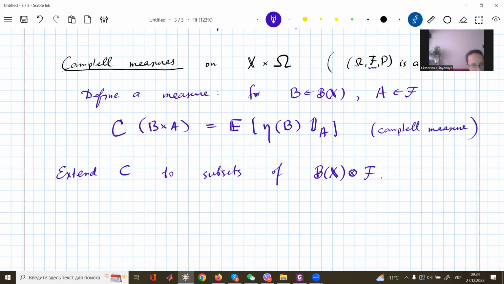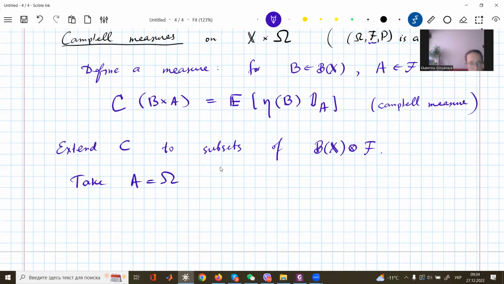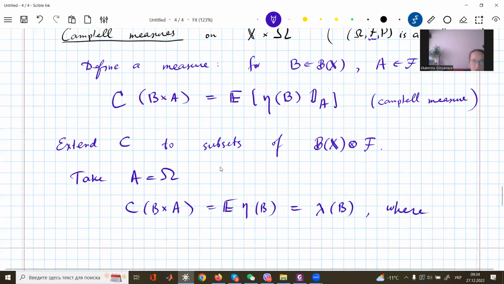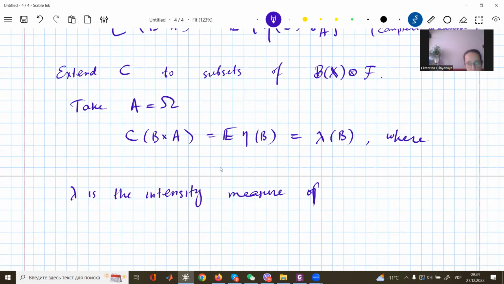So if A is equal to omega, then C of B times A is just equal to the intensity measure of the point process, and we write lambda for the intensity measure, where I recall lambda is the intensity measure of a point process eta.